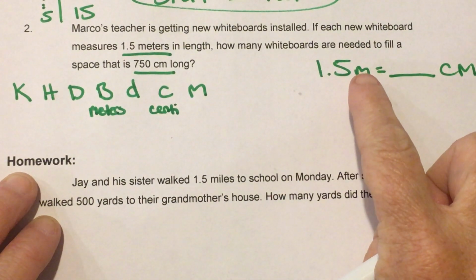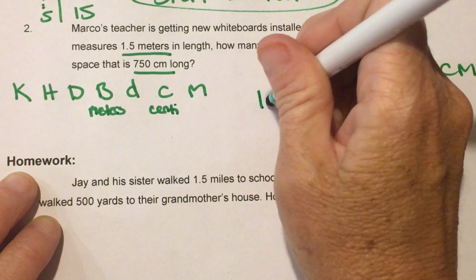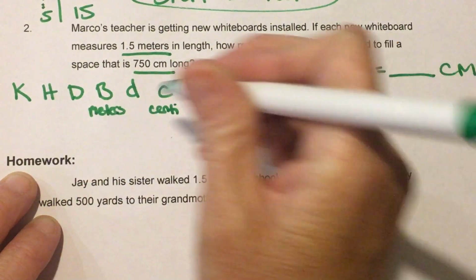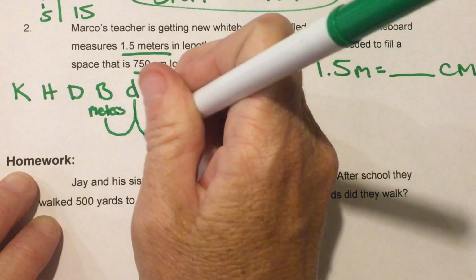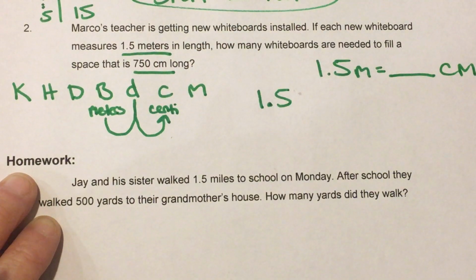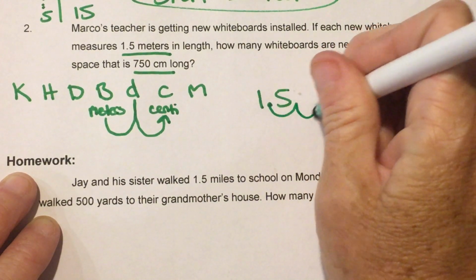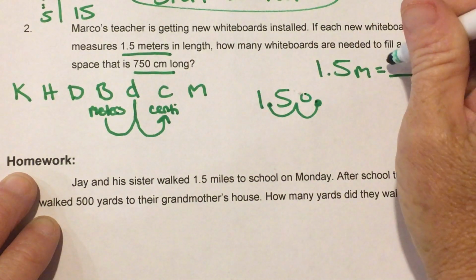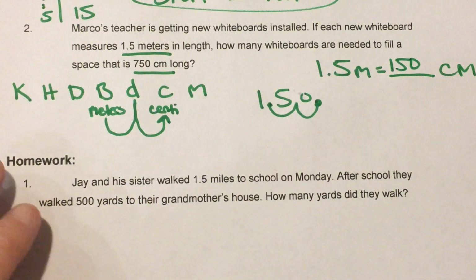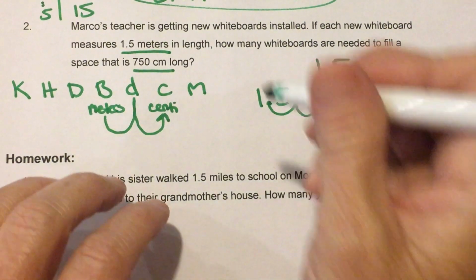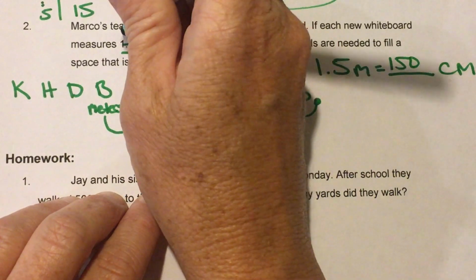Okay, so we're going to go 1.5 meters to centi. So 1, 2. So I went 1, 2 to the right. So 1, 2 to the right. So I'm saying that 1.5 meters is the same as 150 centimeters.